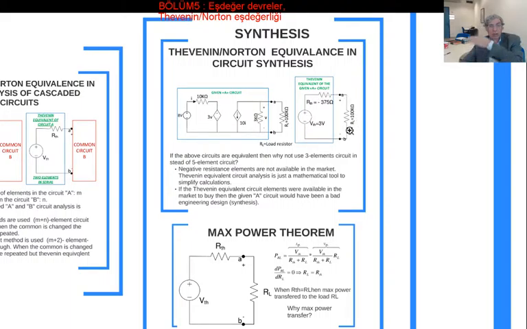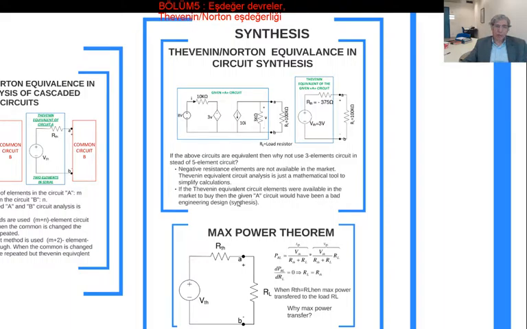When you say that, then you can say that your design is wrong. At the beginning, the original circuit is wrong. So that is the usage of the Thevenin equivalent circuit in this synthesis business. So once you found that all the Thevenin equivalent circuit elements are available in practice, then you introduce a new design to the given circuit. So this is how it is used.